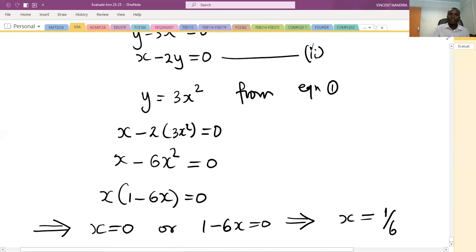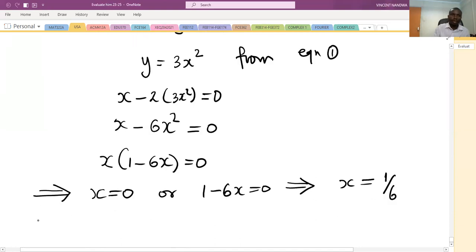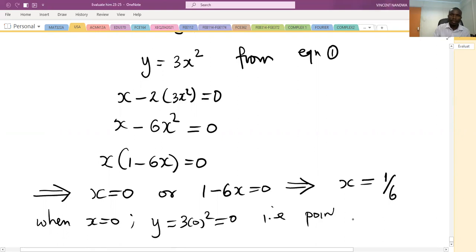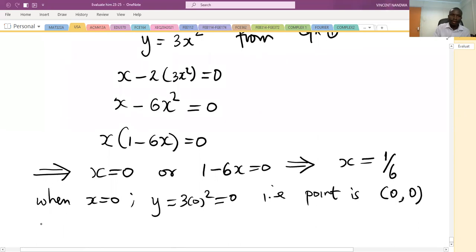So to get the points, when x equals 0, then y will be 3 times 0 squared, which will be 0. So the point is 0, 0. And then when x equals 1 over 6, then y will be 3 times 1 over 6 squared.